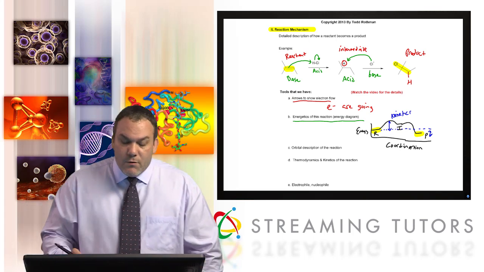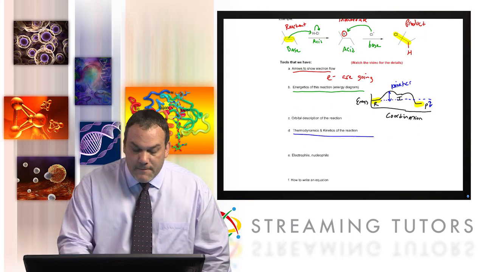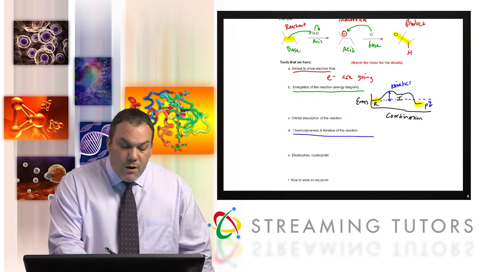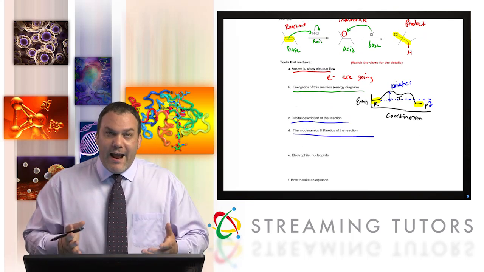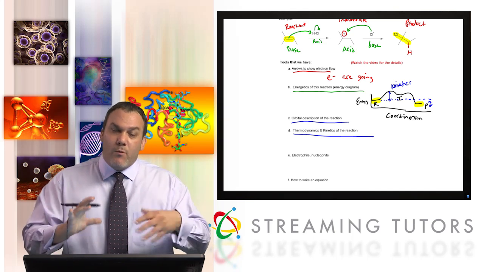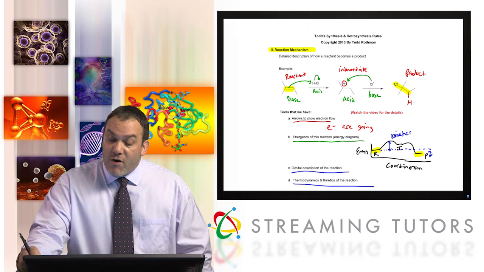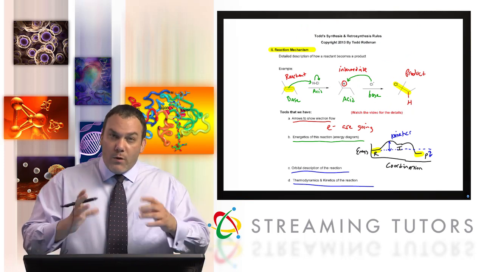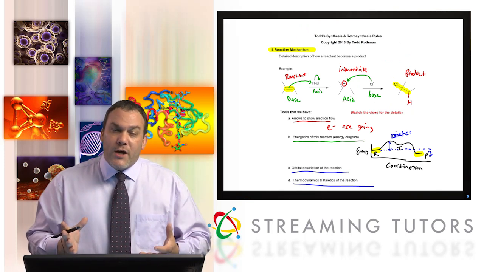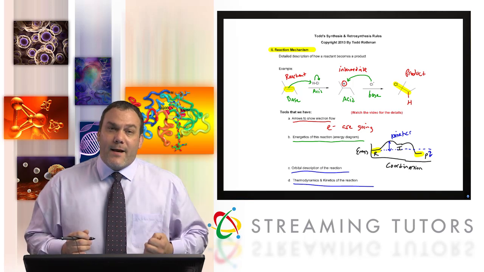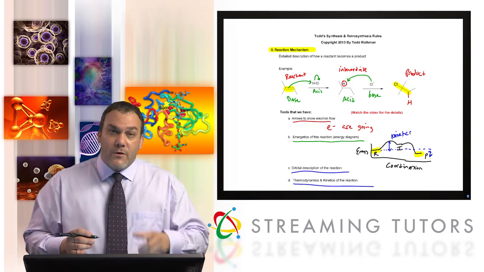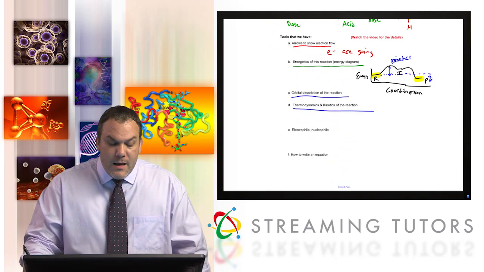So these are things that we'll learn about, and that actually covers D. We could also talk about the orbital description of the reaction, right? And we'll not do that now, but we'll learn all about that as we go through the whole semester. So when we describe a reaction mechanism, we'll also describe the orbital changes that occur during that mechanism. Okay, so that's what this is.